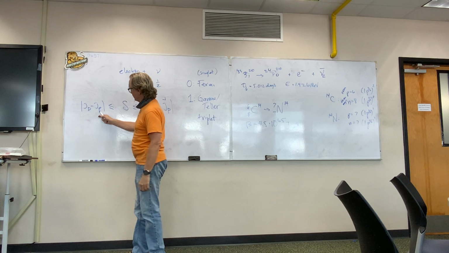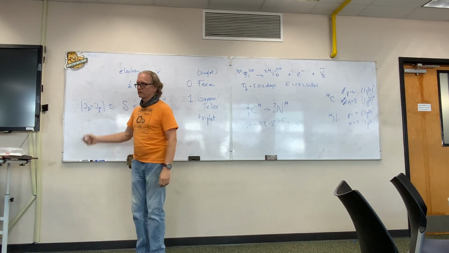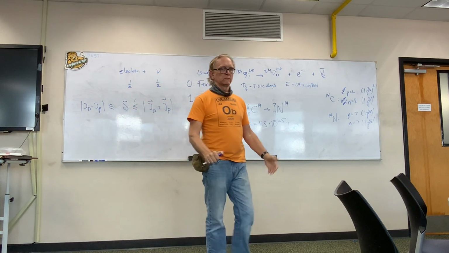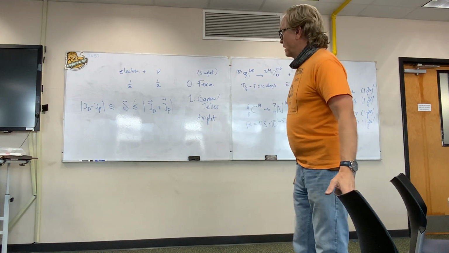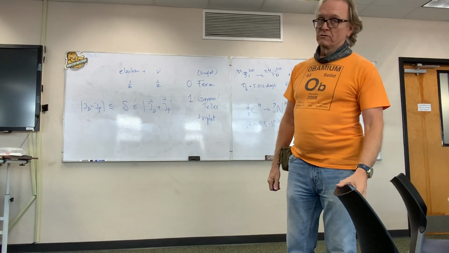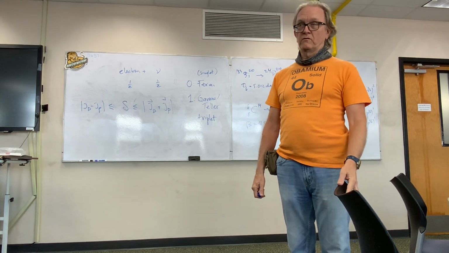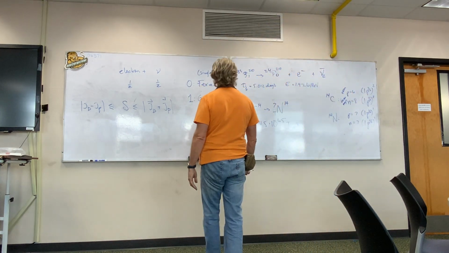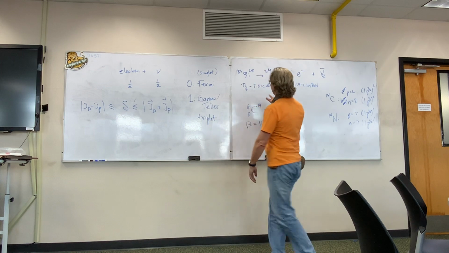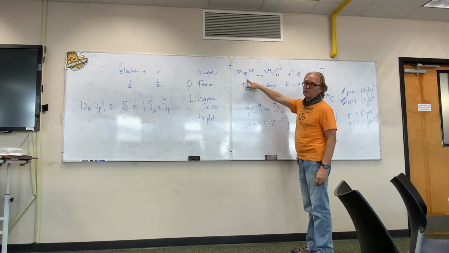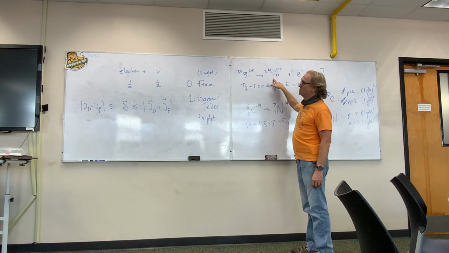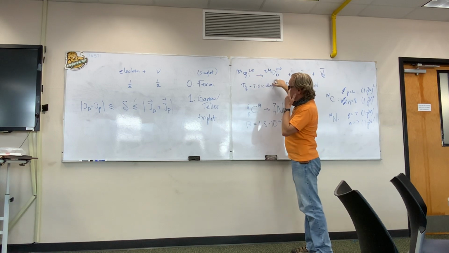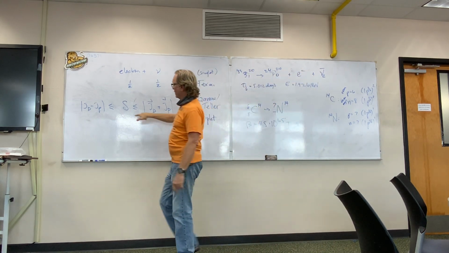So that's the parent nucleus and that's the daughter nucleus. I don't know why it's not parent and child, or mother and daughter, or father and son, or whatever, but it's parent and daughter. And so you look at those states and you can figure out where we are in here.